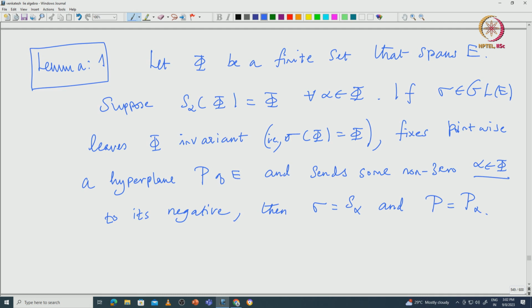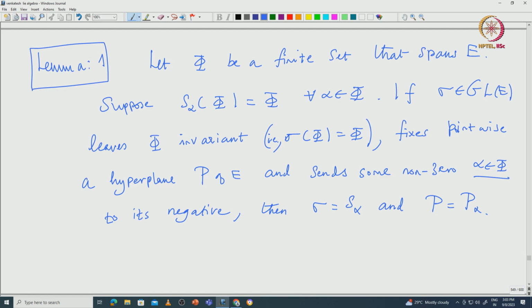Okay. So, you may wonder why we need such a lemma. We will see many applications of this lemma later. For example, using this lemma we can understand all the reflections that are in W. If you start with a reflection sigma inside your W, then since W leaves phi invariant, that sigma satisfies all the properties of this lemma.